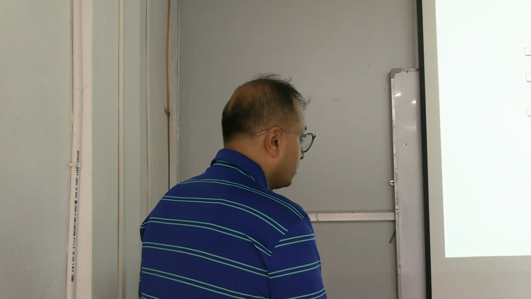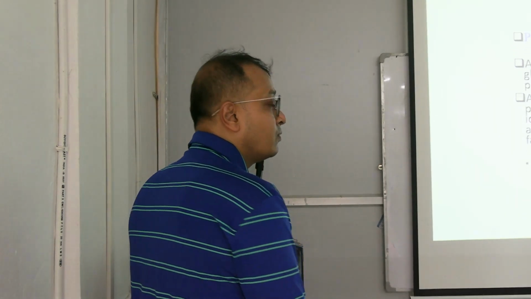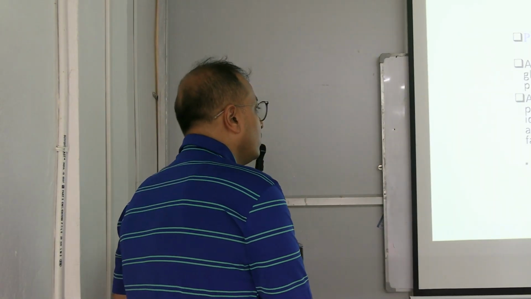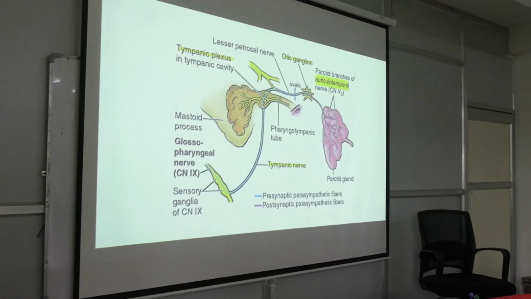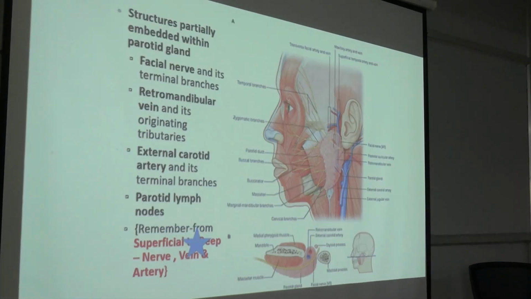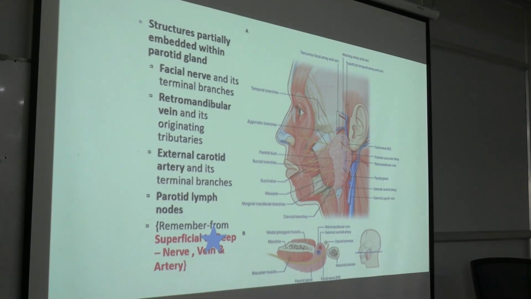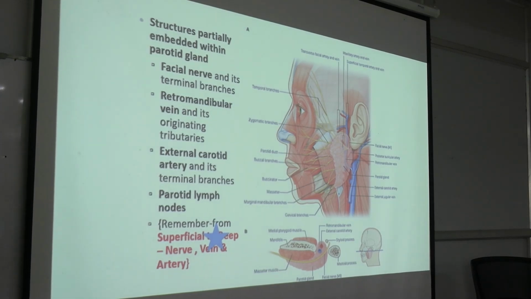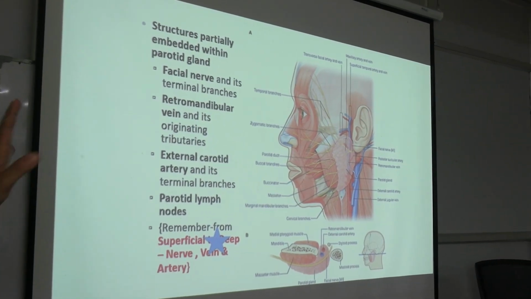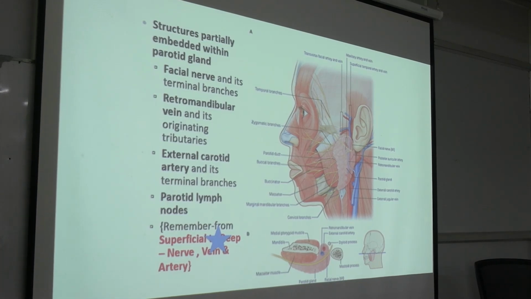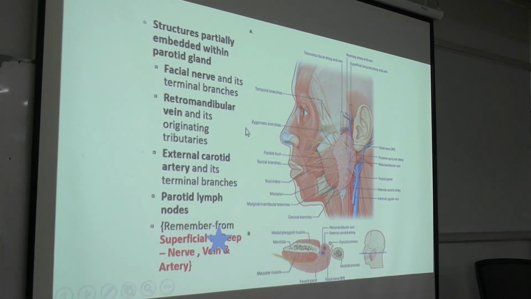If it is an acute swelling, it becomes very painful. Whenever you are doing surgery on this gland, you have to be mindful of the nerves, arteries and veins running through the gland itself. You have to be careful of the nerve running through it, and of the veins and arteries passing through it. These are the things related to the parotid gland that you have to keep in mind.